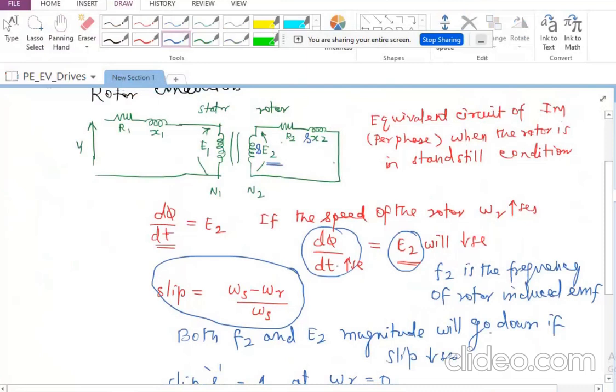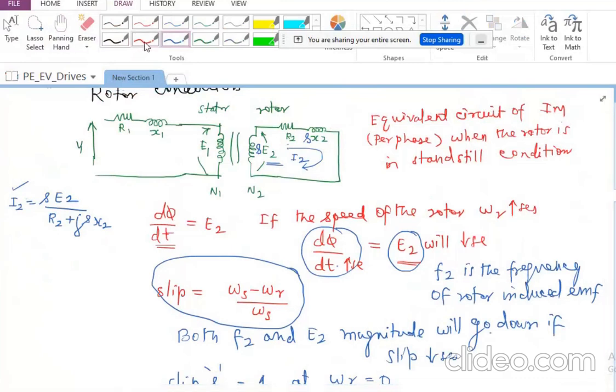So here, if I say that the current flowing here is some I2, I can write I2 equal to S E2 divided by R2 plus j S X2. This is very specifically the current at slip frequency, which is F2.